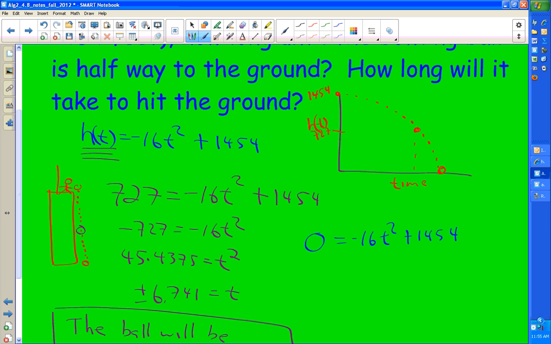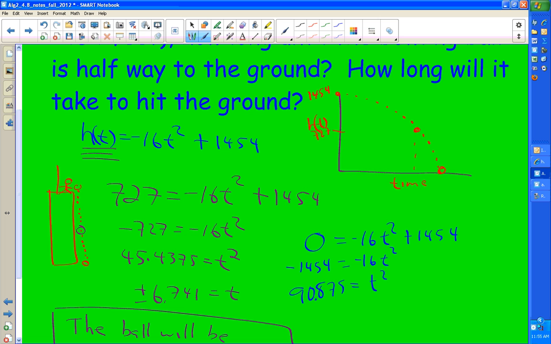That's t. So we subtract the 1454, and we divide by negative 16, and you get 90.875 equals t squared.